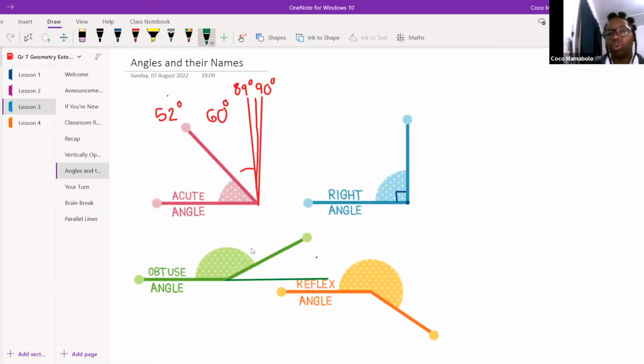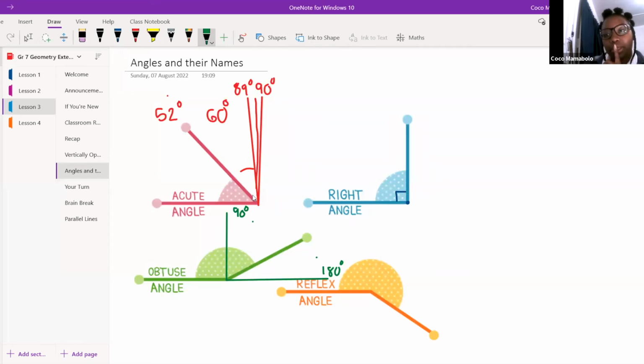Check in the chat, people are always helping. Everybody's saying it's greater than 90 degrees but less than 180 degrees. Good.